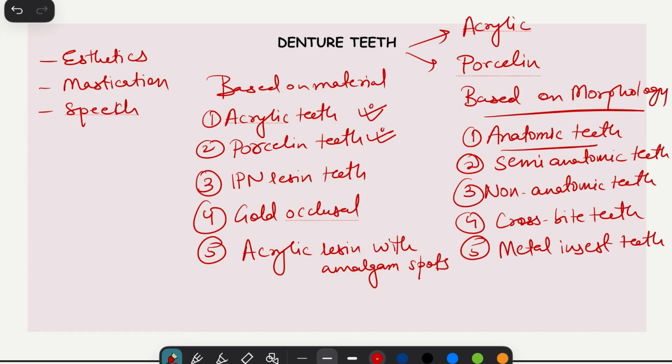For now, anatomic, semi-anatomic, and non-anatomic teeth are important for you.